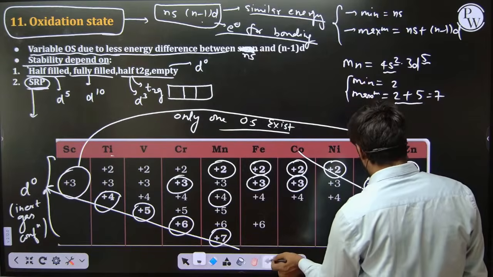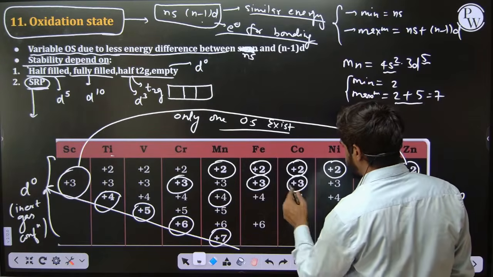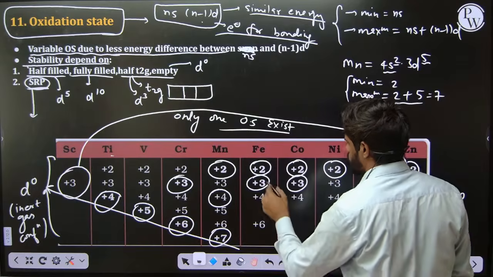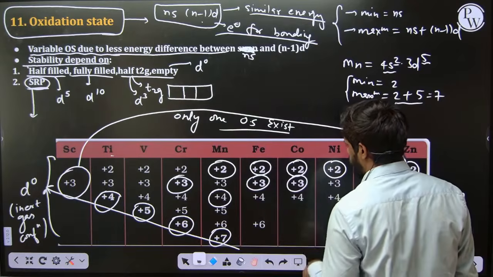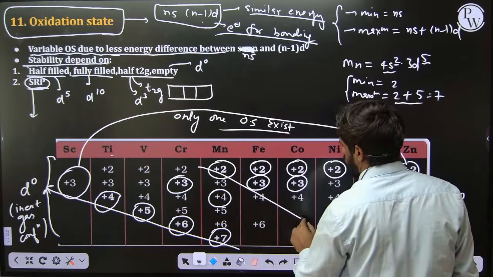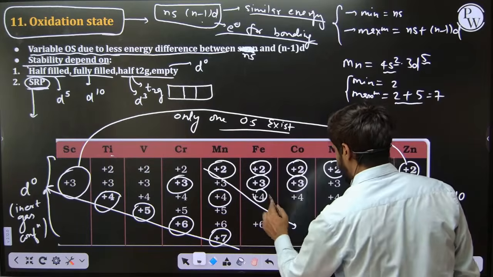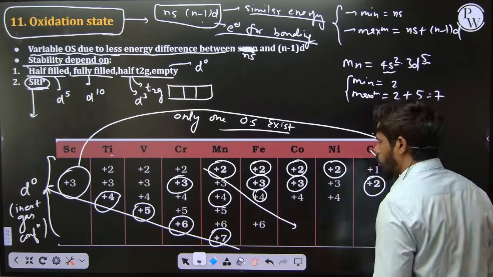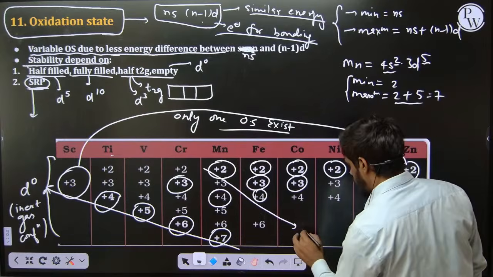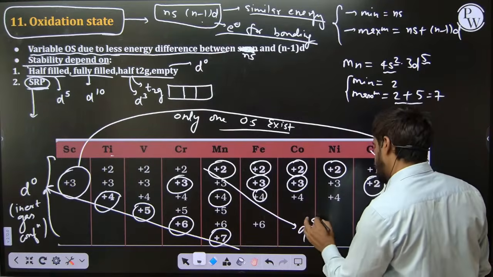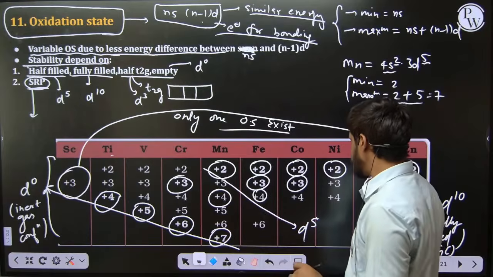this instability we can explain later. Fe2+ is d6. Here Mn2+ and Fe3+ are half filled, that is a d5 configuration. That's why they are more stable.